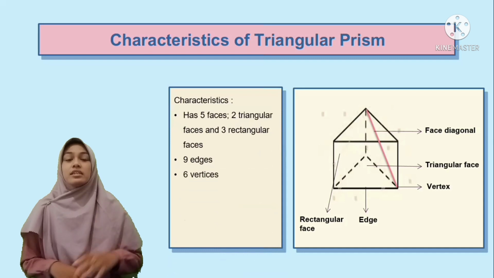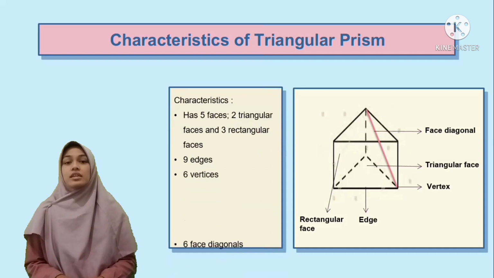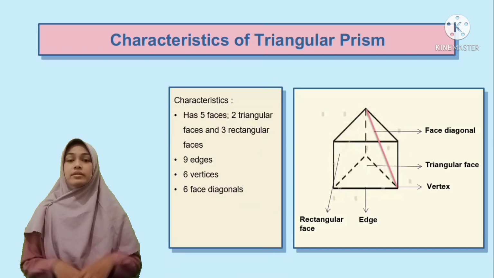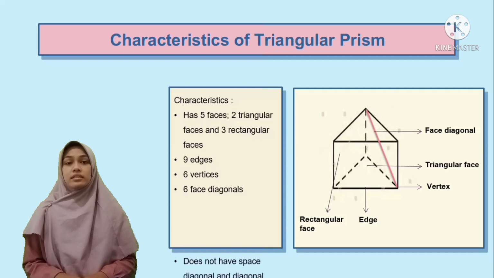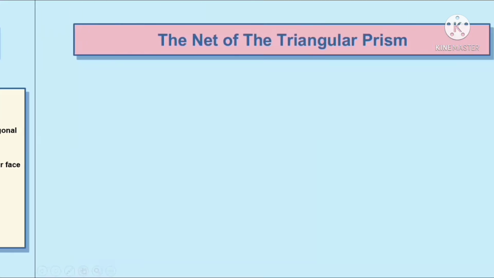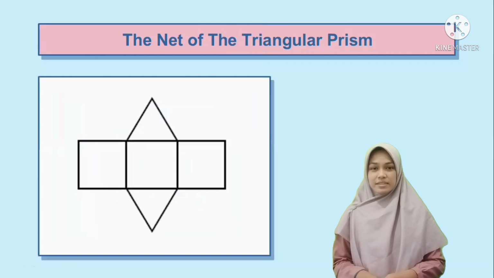The third, a triangular prism has 6 vertices. The fourth, a triangular prism has 6 face diagonals. And the last, a triangular prism does not have space diagonal and diagonal face. This is the net of the triangular prism.